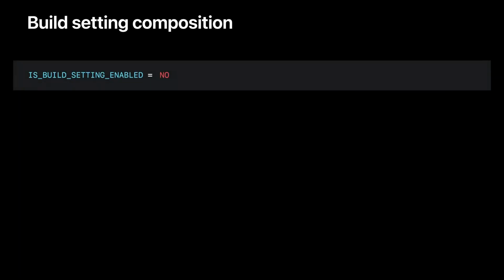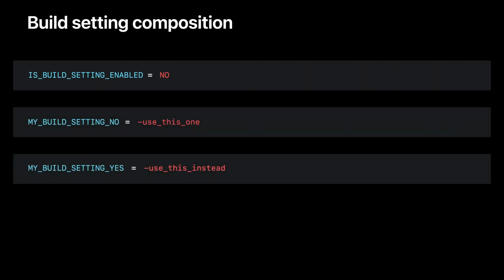Another use of the build setting evaluation syntax is to compose build settings together from a set of other build settings. First, we start with the control setting. Is build setting enabled? We will use the value of this setting as a suffix for two additional build settings, my build setting no and my build setting yes.